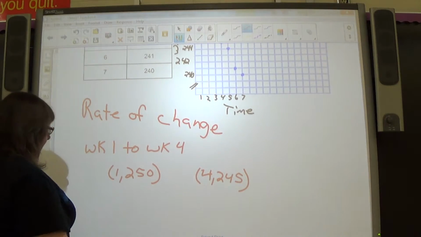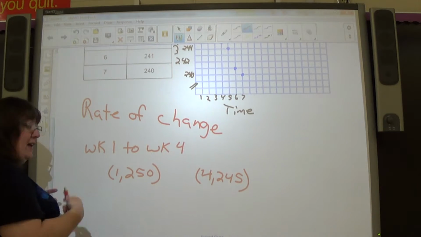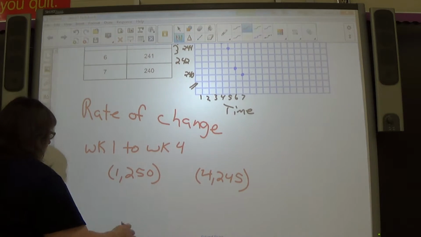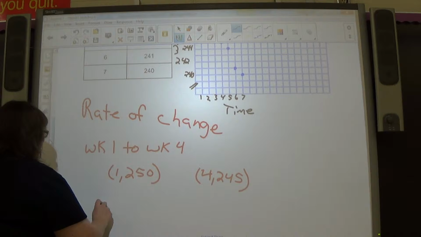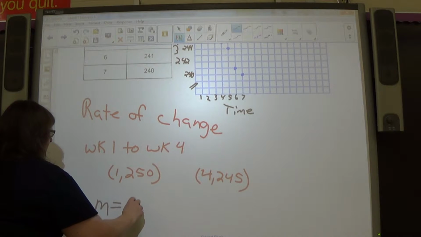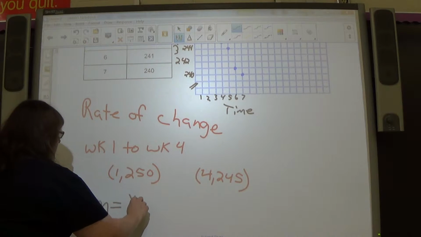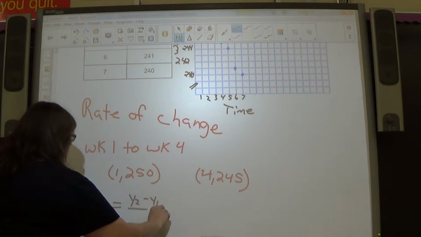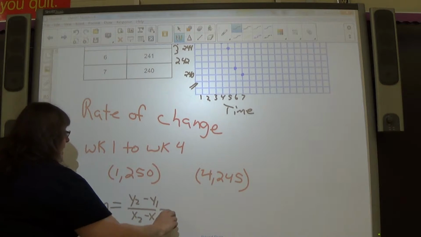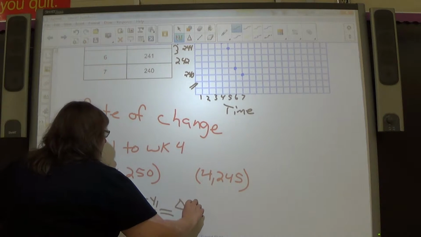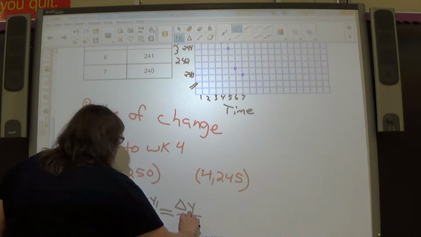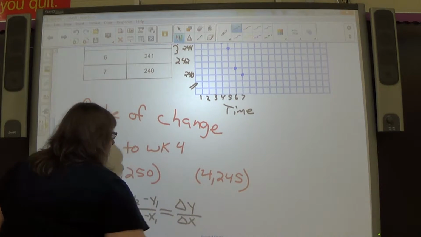So instead of having the m, well, we do have the m, okay? We're going to have m, but instead of writing out our y2 minus y1 over x2 minus x1, we're now going to change this to delta y over delta x. What does that mean?